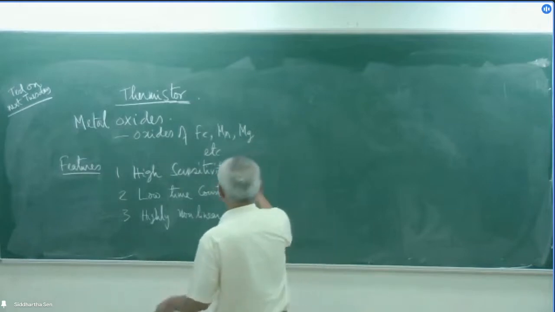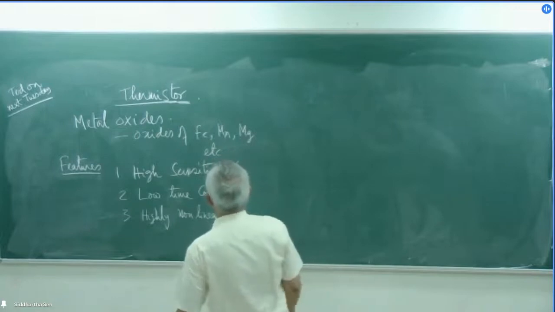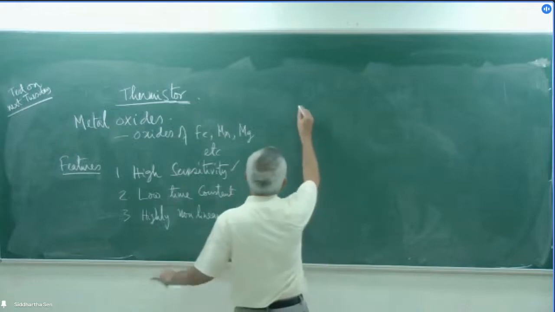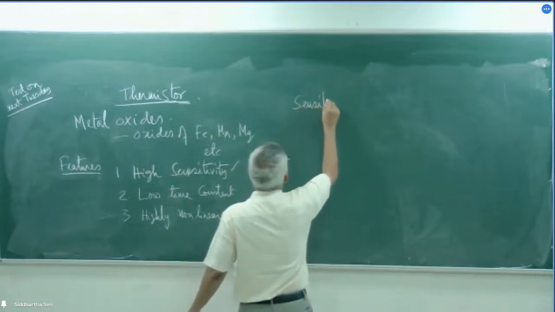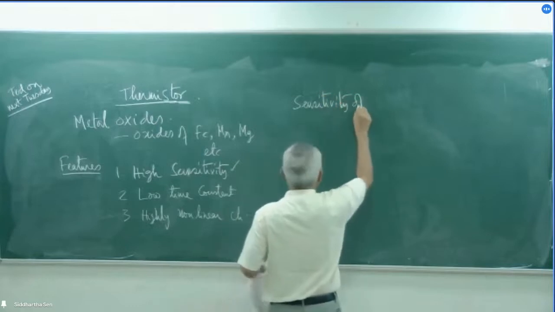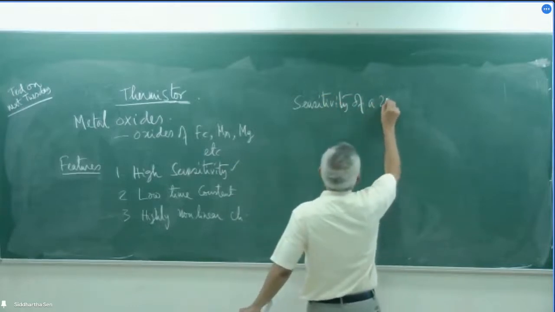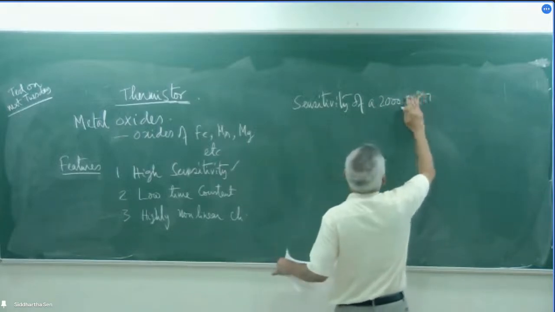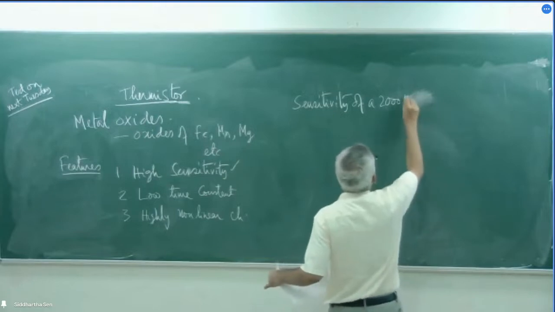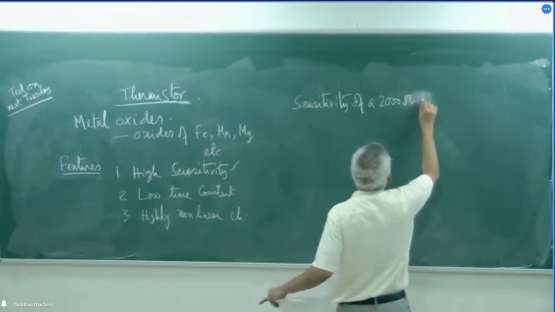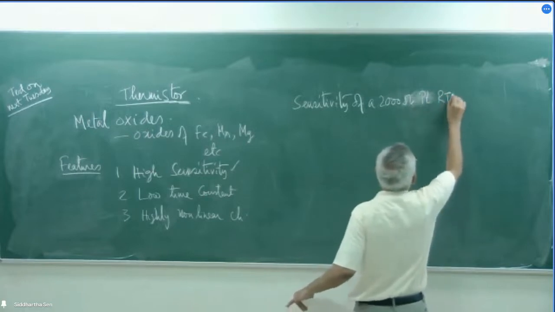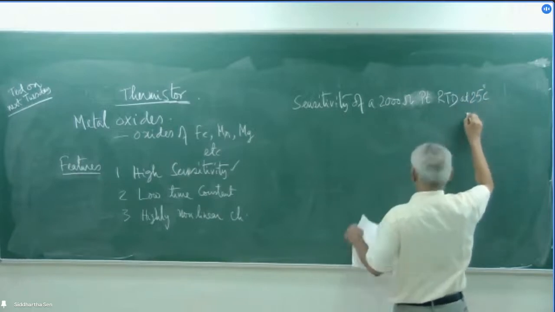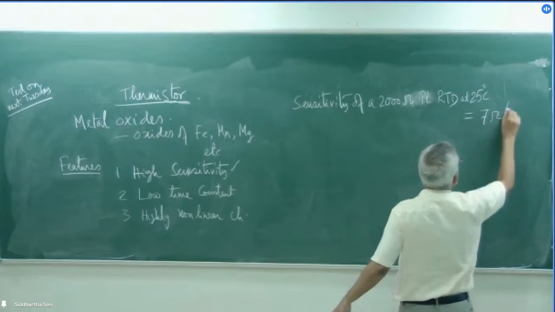But what is this high sensitivity? How does it compare with RTD? I can give you one example. The sensitivity of a 2000 ohm platinum RTD at 25 degrees Celsius is equal to 7 ohm per degree Celsius.